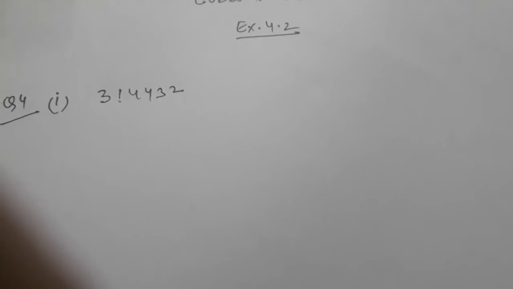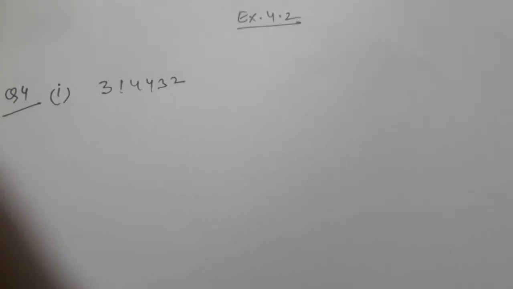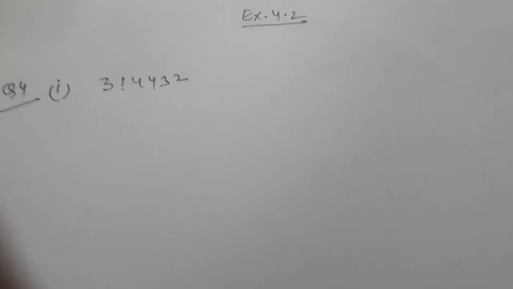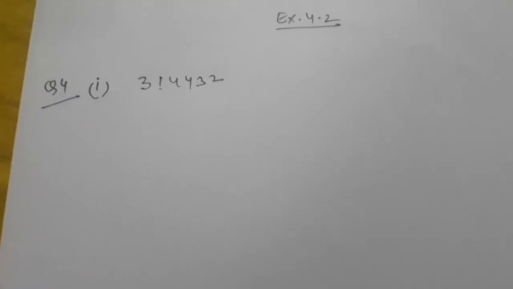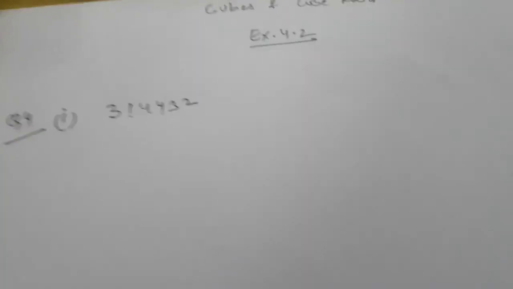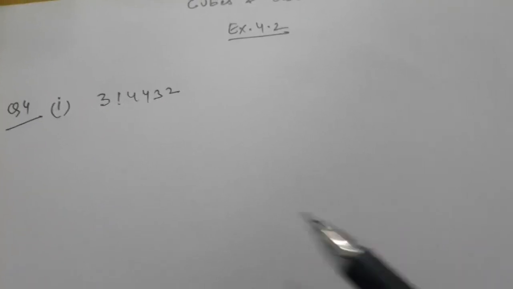If you want to see the table, you can see the table in the book on page number 67 or 66. You can go by that table if you want to see the cube root of unit digit. So not to waste further time, let's check out how to solve it.